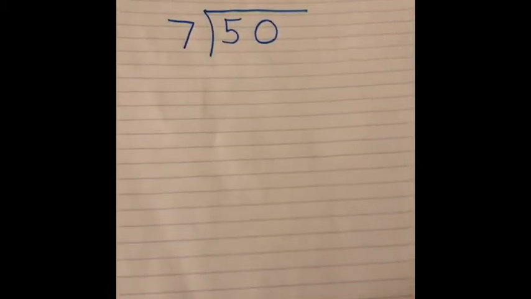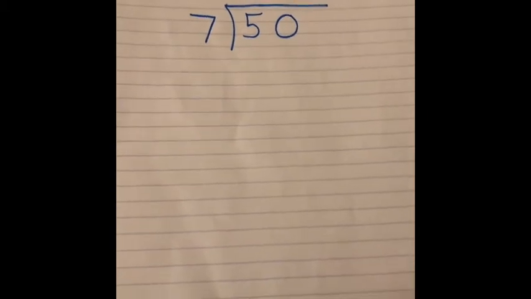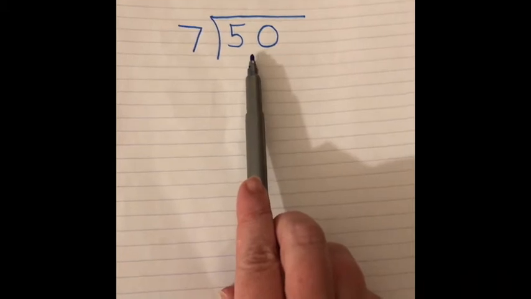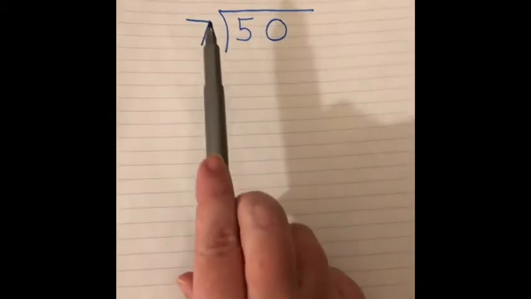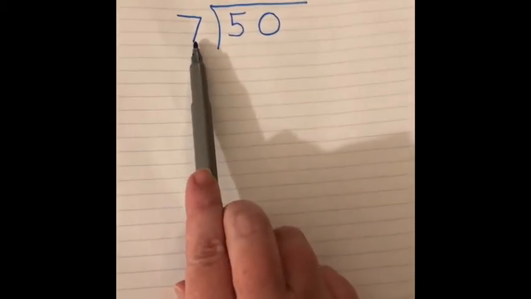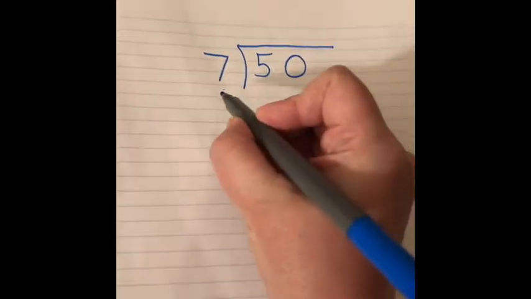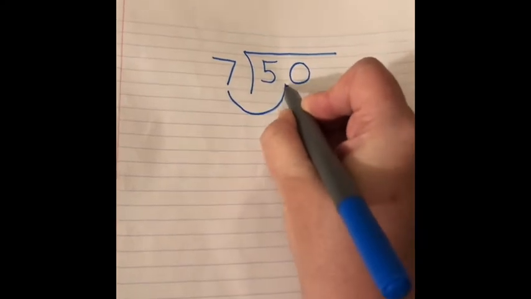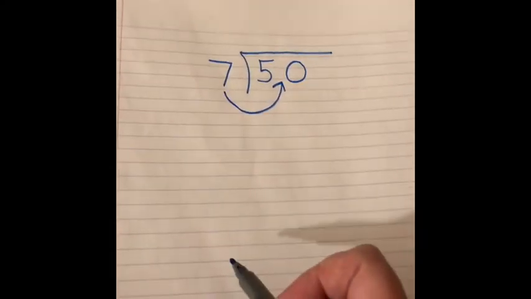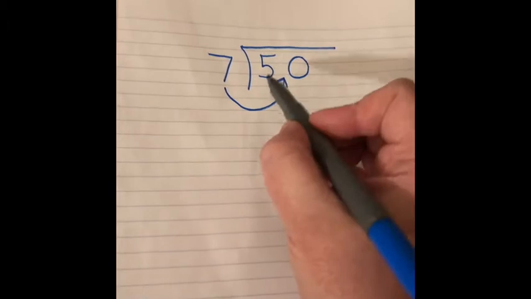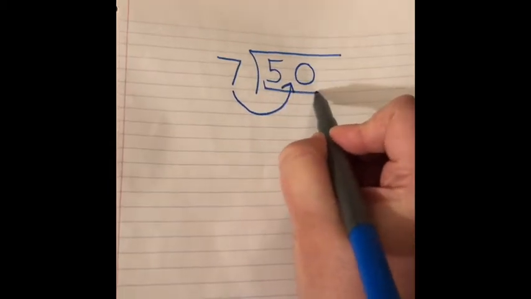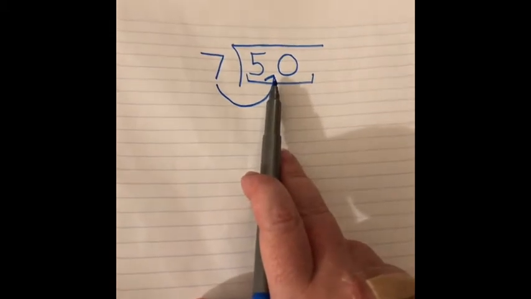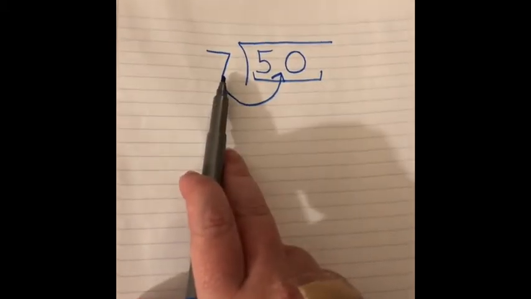On this one, I'm going to show you a different way that you could do this. We're taking 50 of something and dividing them in groups of 7. So you can also think of that this way: how many times does the number 7 fit inside of the number 50? Imagine that the number 50 is your target, and you're walking towards that target 7 steps at a time.